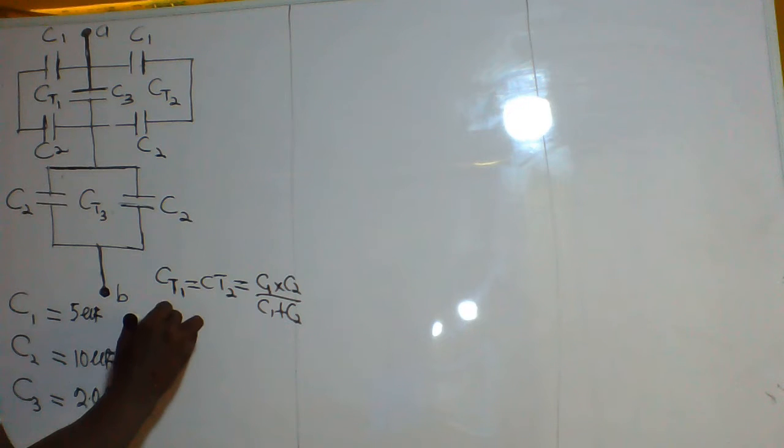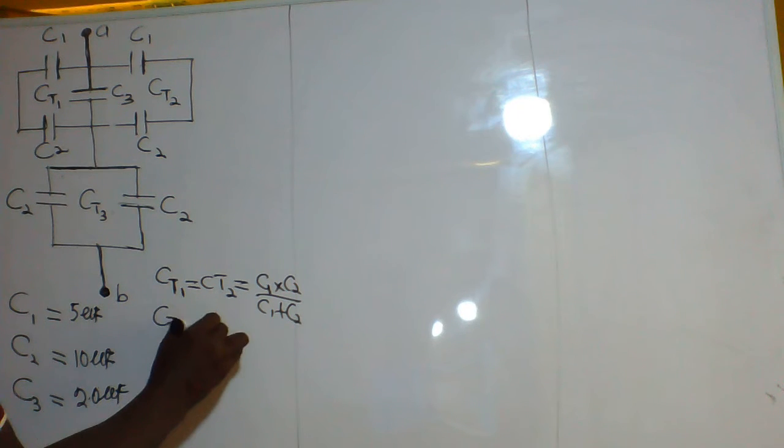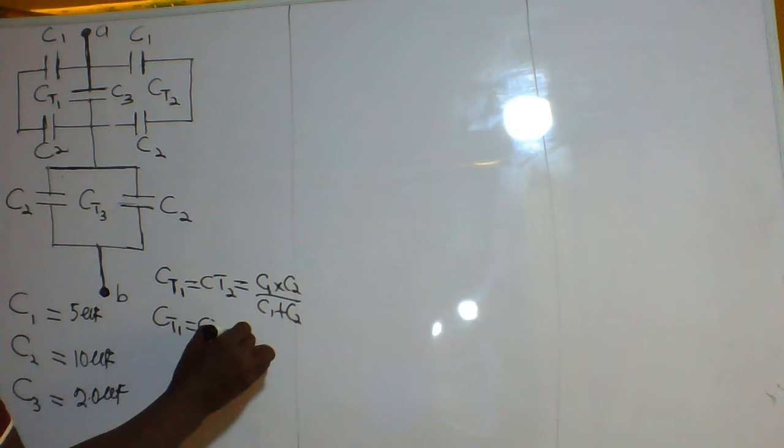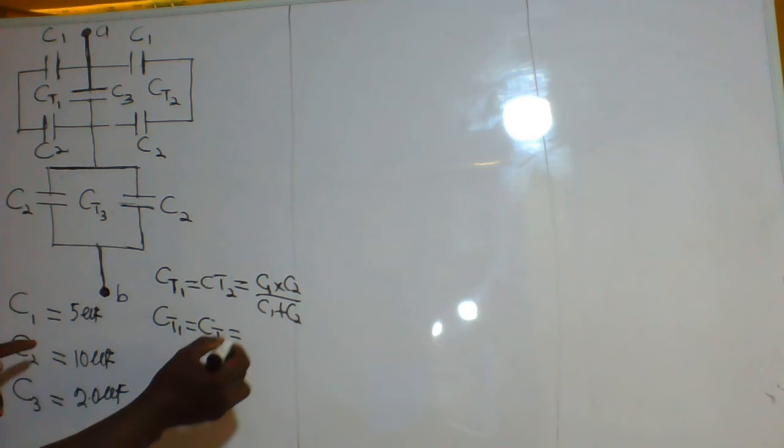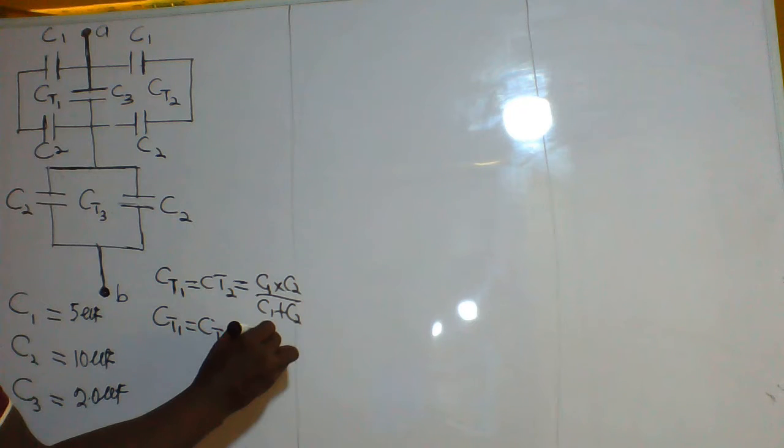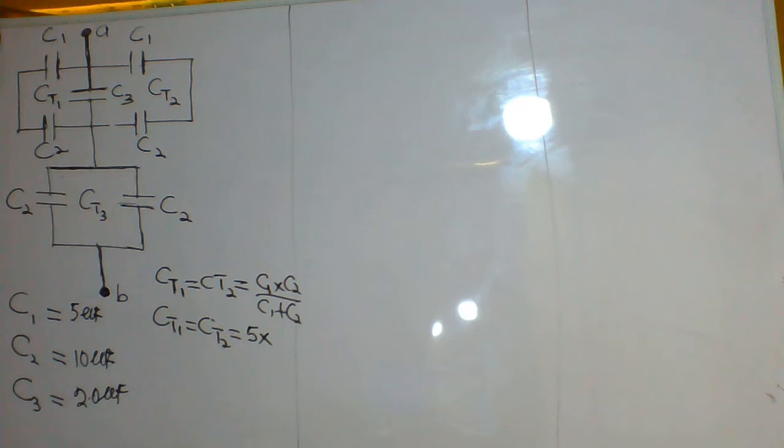So CT1 and CT2 will be equal to, what are their values? C1 is 5, C2 is 10.